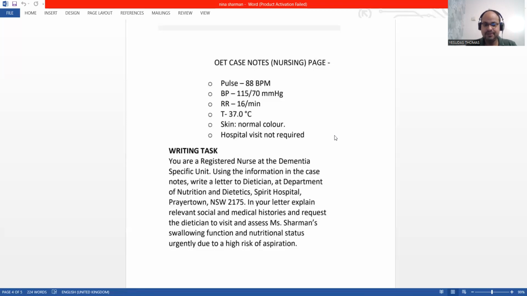So what we have to see here is why we are writing the letter. What we need to include in this letter is relevant social and medical histories, which a dietitian should know. A dietitian should know some of the social histories, and some of the medical histories, because we do have a lot of data here.